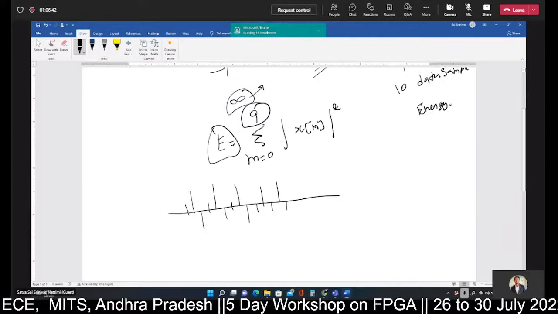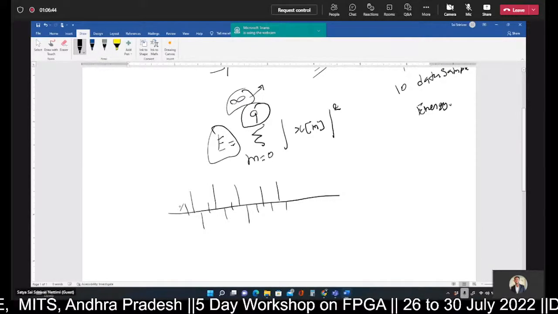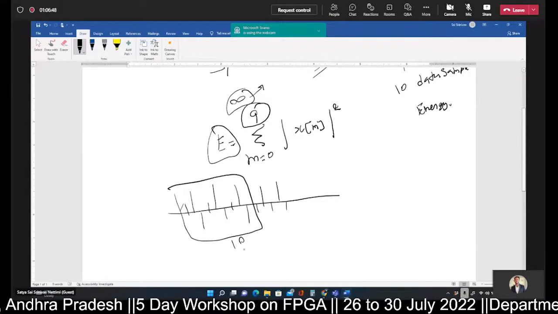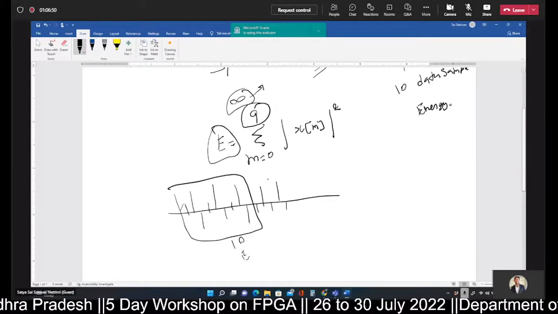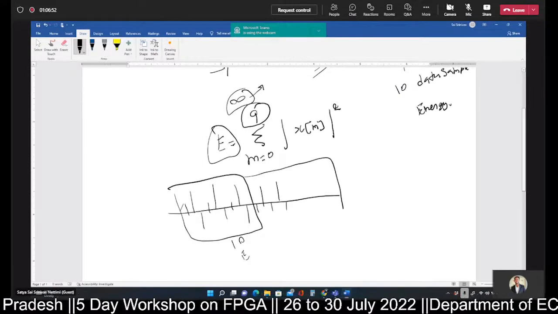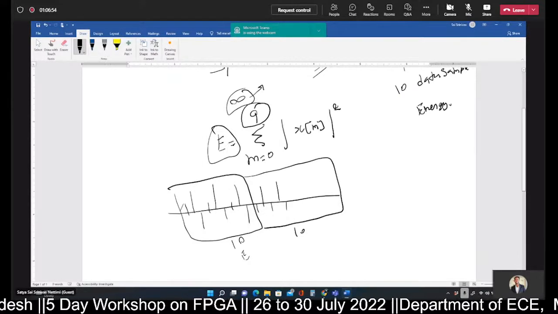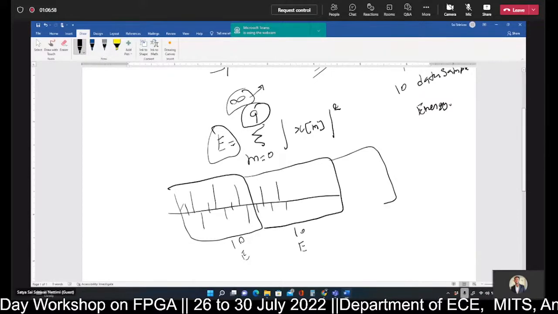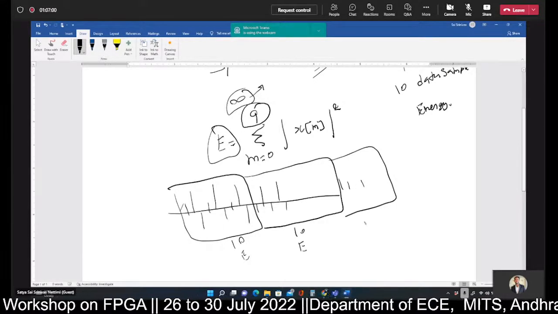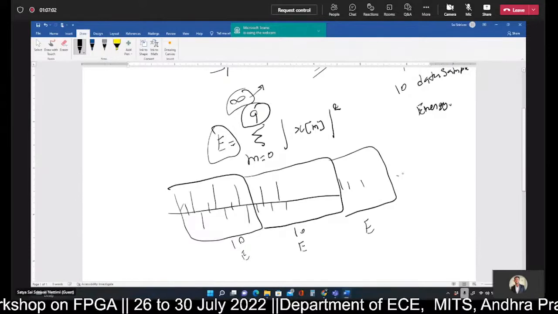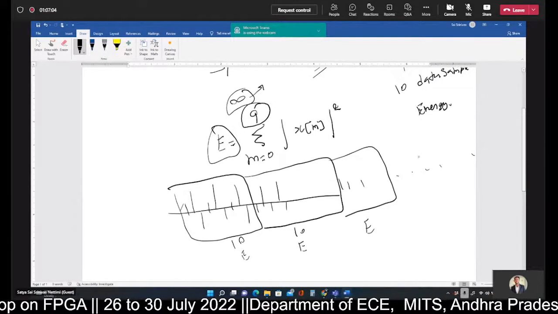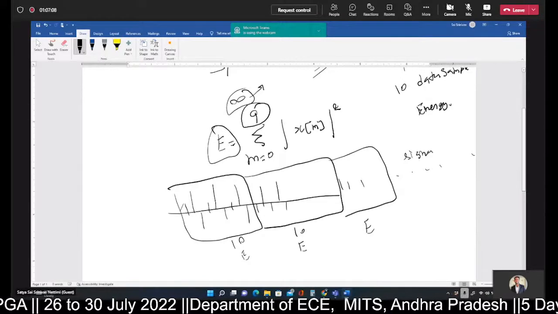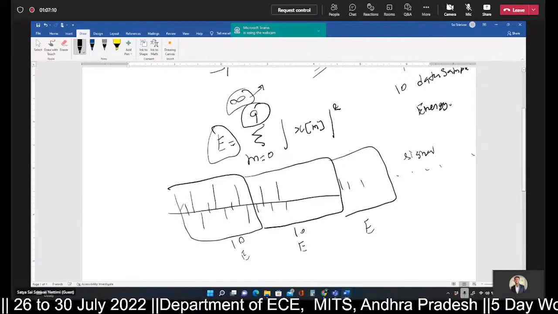If we give frame size 10, it has to collect the first 10 samples and then calculate energy, and the streaming happens continuously. For the next set of 10 samples, it has to compute another energy value, and for the next set of 10 samples, another energy value. This process keeps on continuing until we get the signal.